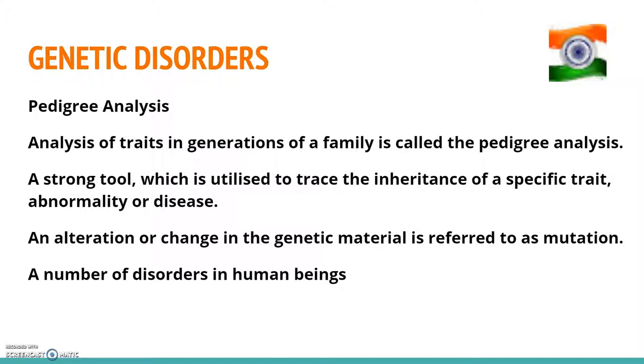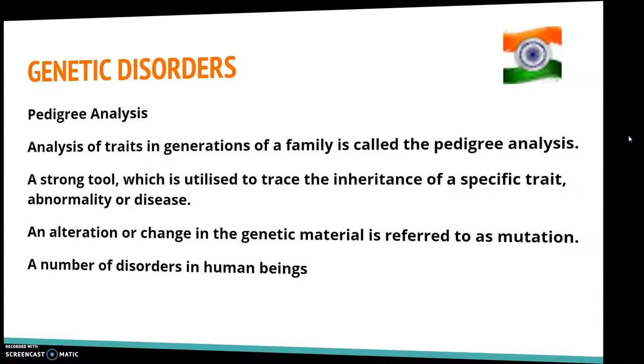Such changes or alterations in the genetic material result in mutations, which we have discussed previously. A number of disorders in human beings are found to be associated with the inheritance of changed or altered genes in the chromosomes. So let's see how we can find it out.